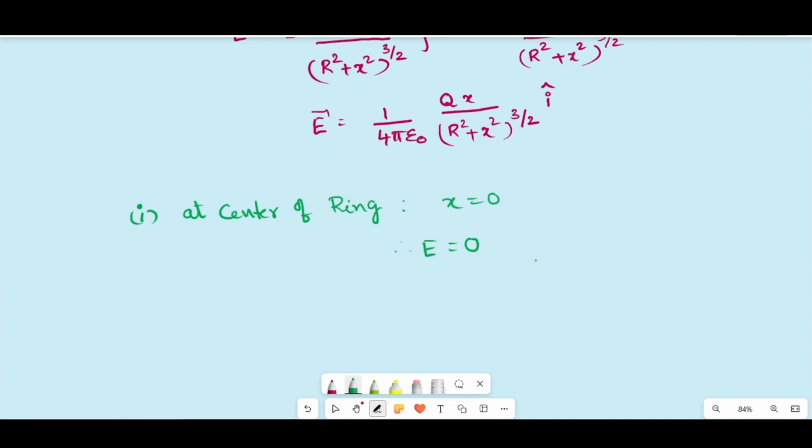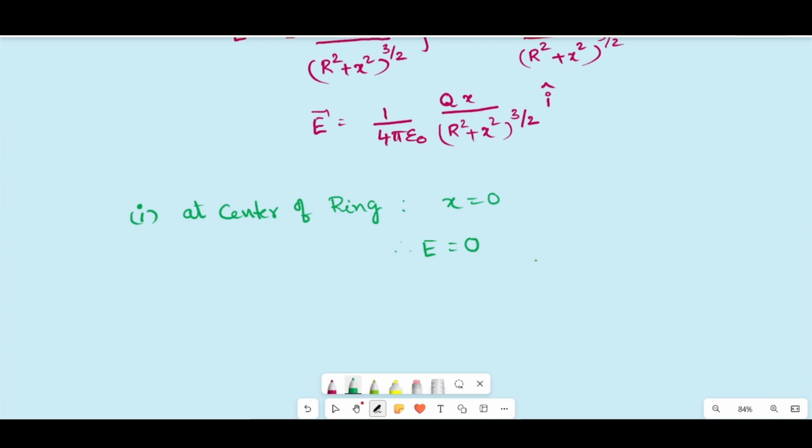Maximum, in the sense of differentiation: if you differentiate the electric field with respect to x, then E is maximum. See here in the equation, if you observe the final equation of the electric field at point P, the electric field is directed away from the positively charged ring along its axis, in the direction of i cap, the positive x axis.